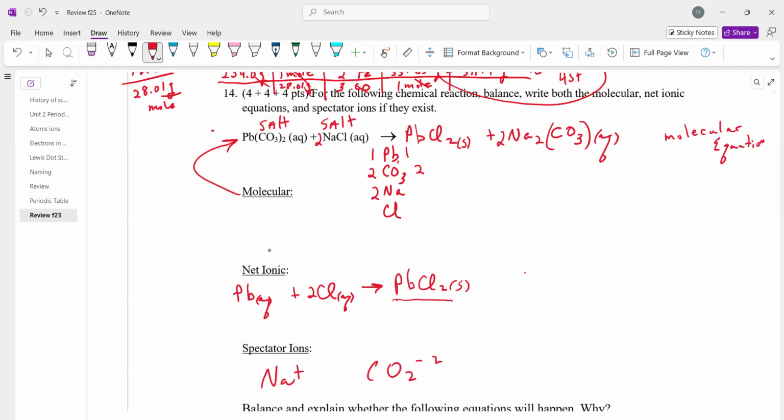How many Nas do I have on the right? 4. So it's not balanced.